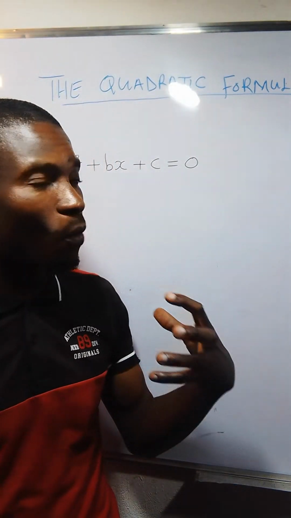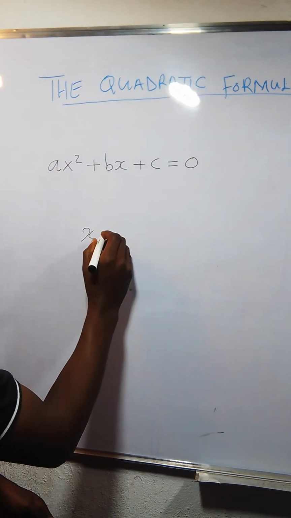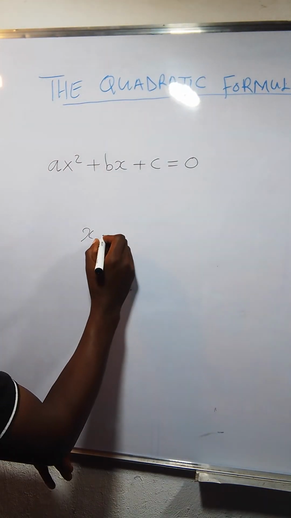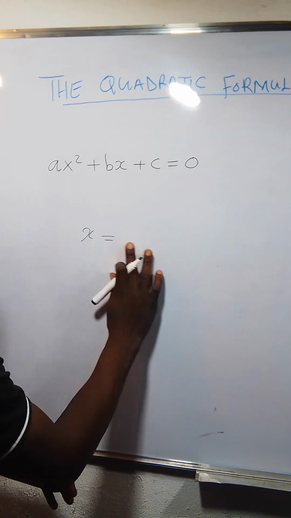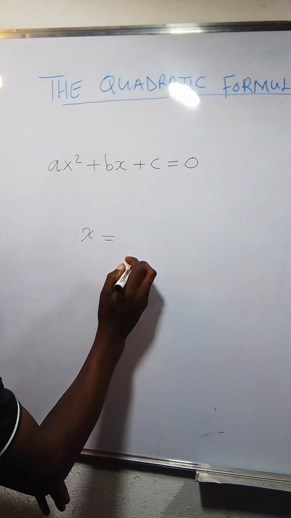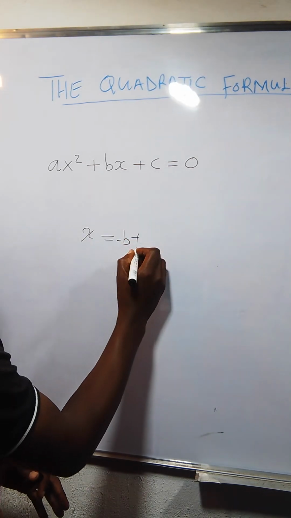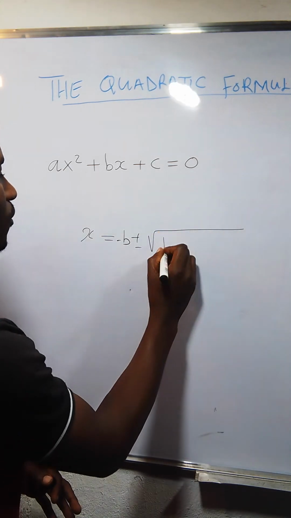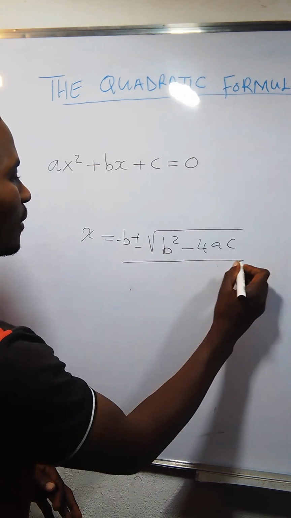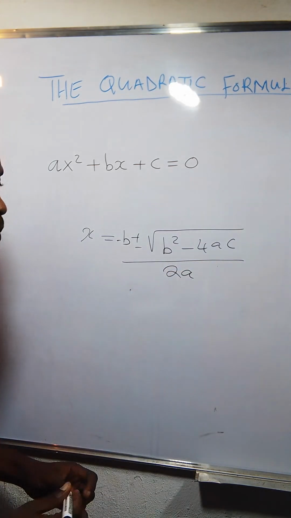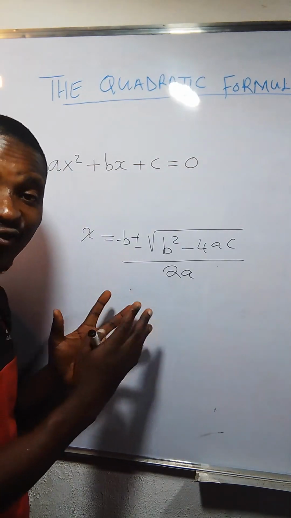Now we want to come up with the formula that comes out as x equals negative b plus or minus the square root of b squared minus 4ac, divided by 2a.